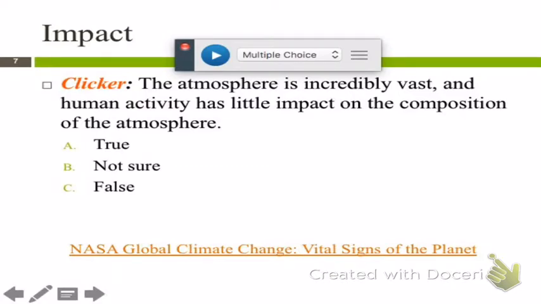There is a majority answer of false. Why is this an important question when we're talking about climate change? Because if that was true, then you know it wouldn't be significant in terms of actually us causing it.